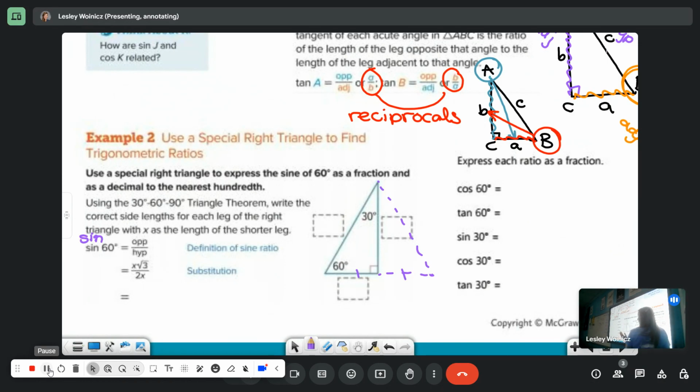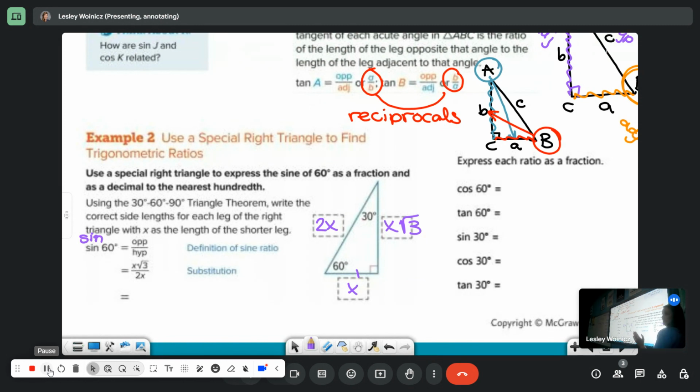Do you remember the pattern for our sides, what do we call our short side? X. And then our hypotenuse is double it. And then our long leg, x times root 3.